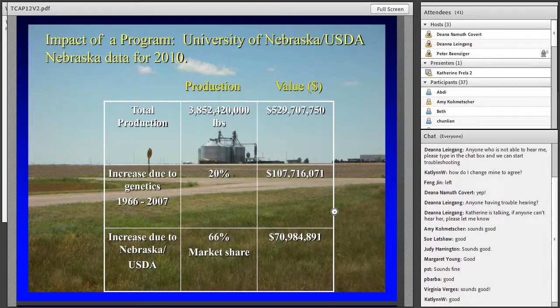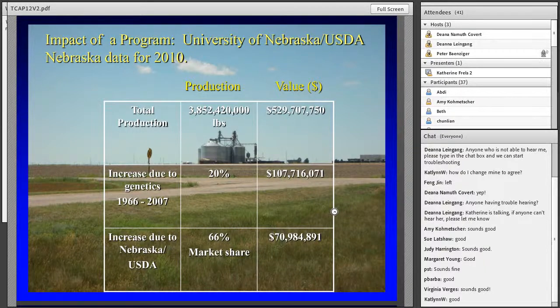Now, if you go back and you look at how much of that was due to genetics, so we went back to look at Scout 66 and compared our new cultivars versus our older cultivars, we can say that of that, about 20% was due to genetics. So that meant that of that roughly $500 million in value, we could attribute due to genetics and breeding about $100 million.